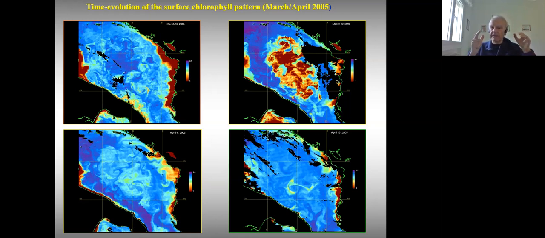What is chlorophyll? The chlorophyll concentration is the sign of the concentration of phytoplankton in the sea. Phytoplankton are ocean plants. Ocean plants, like land plants, have chlorophyll. So the more chlorophyll is present in the sea, the higher is the biomass of the phytoplankton.